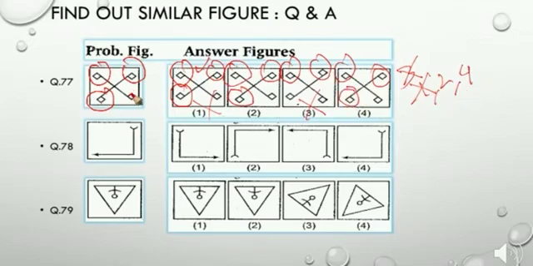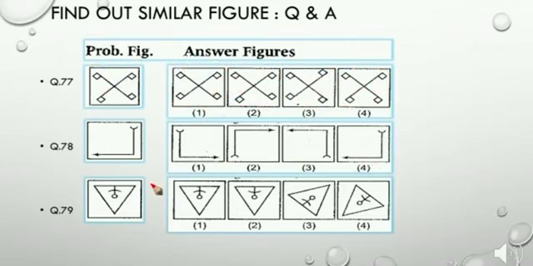Let's check further from this angle. So we'll go to option 2 straight away and check, yes, this is exactly the same. In option 4, no, this is wrong because on the downward side, in the problem figure it is on the upward side. So option 2 is the only correct answer.